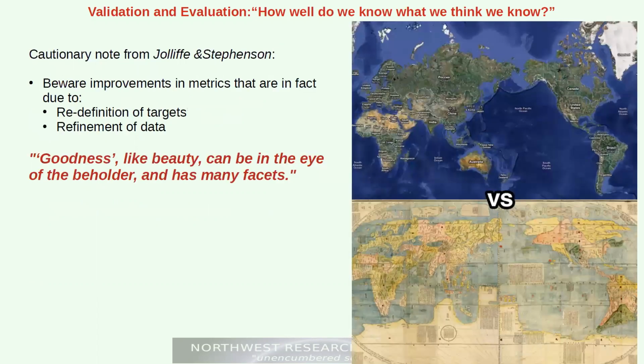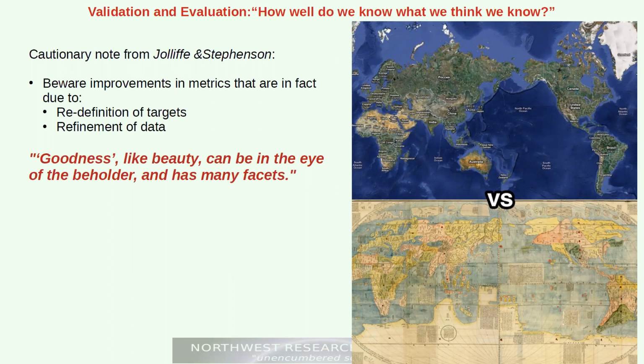Okay, so a cautionary note from a wonderful textbook. Beware of improvements in your metrics that are in fact due to refinements, like a moving target, or the fact that the data quality you're comparing to just got better. For example, on the bottom is a very early global map of the world from back in the 1500s.